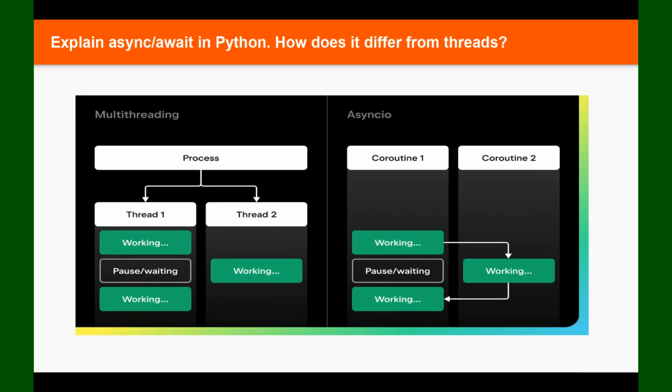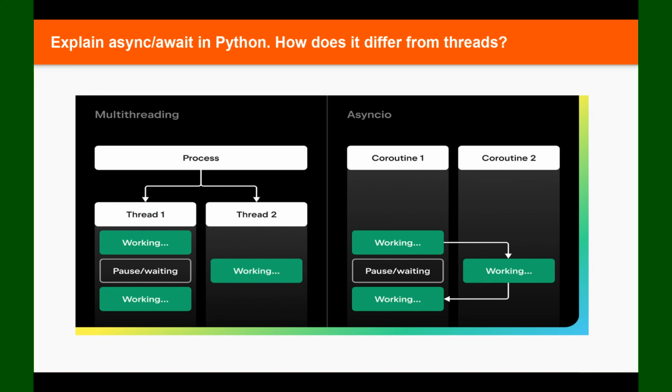Explain async and await in Python and how it differs from threads. Async and await are cooperative multitasking, whereas threads are preemptive multitasking. The execution of async and await is a single-threaded event loop, but multiple threads are executed in threading.